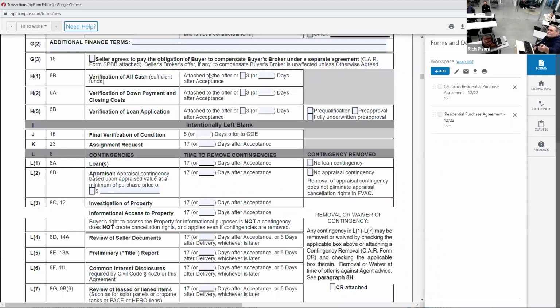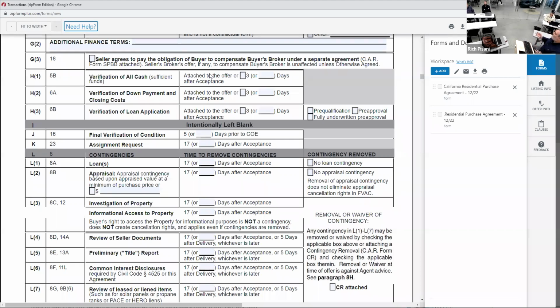With the verification of loan application, there are 3 different types. There's a pre-qualification, which is that I filled out an application and the lenders looked at it, and based on what you say here, yes, you should qualify for this amount.